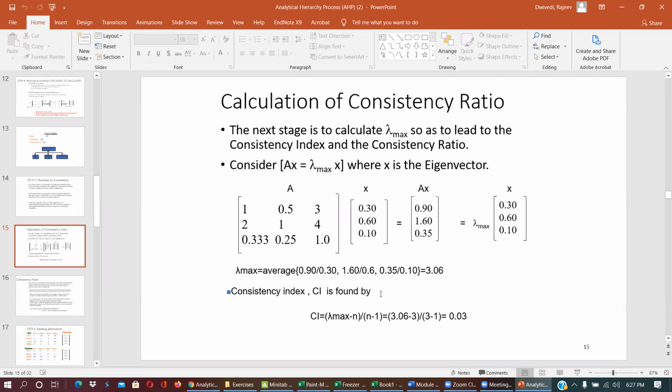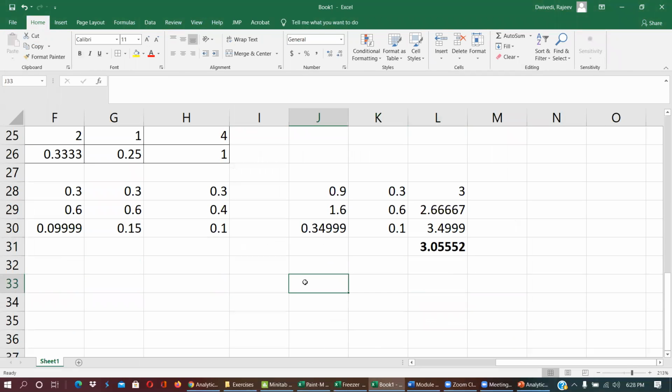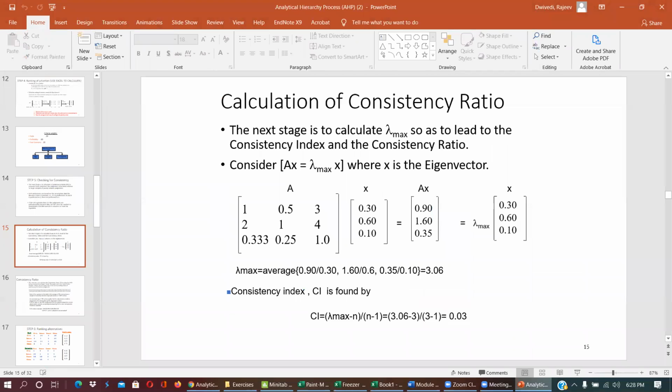Now consistency index equals lambda max minus n divided by n minus 1. n means number of criteria. We have 3 here: style, reliability, and mileage. So we have lambda max minus 3 divided by 3 minus 1. So we are just going to check this. Lambda max is this, minus n, and then divided by 3 minus 1, so I'm just going to put 2.